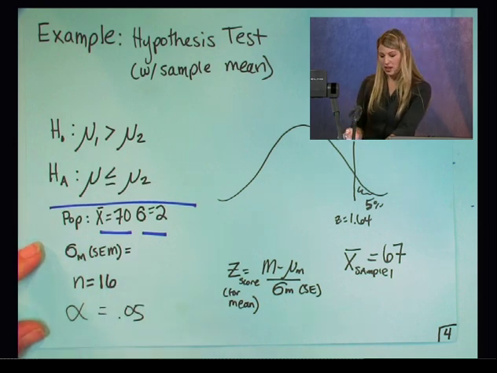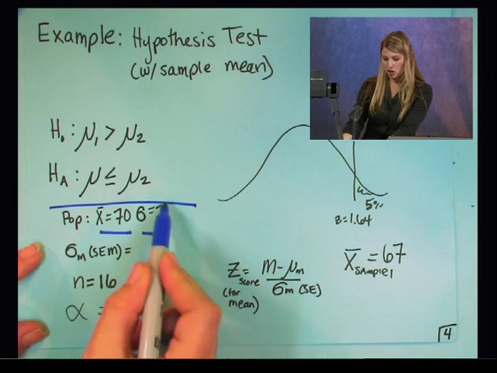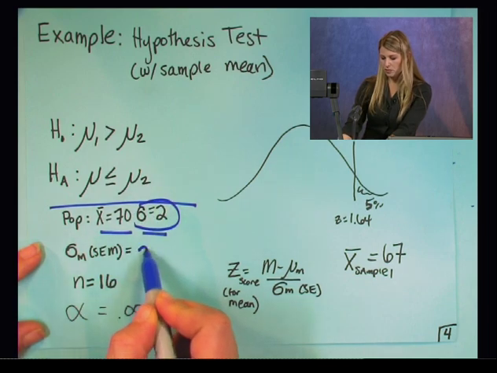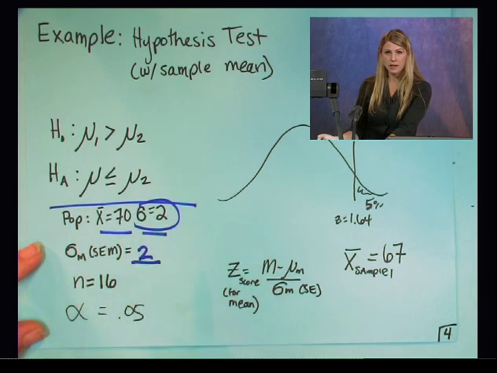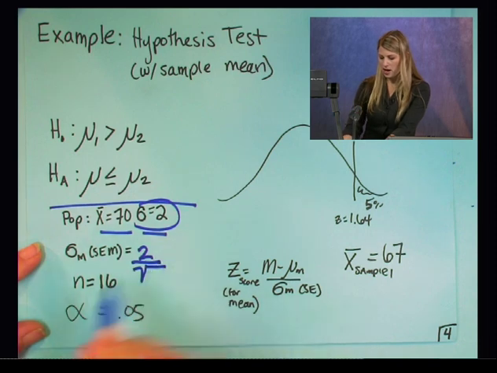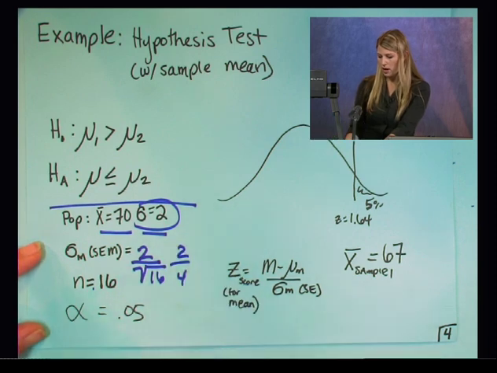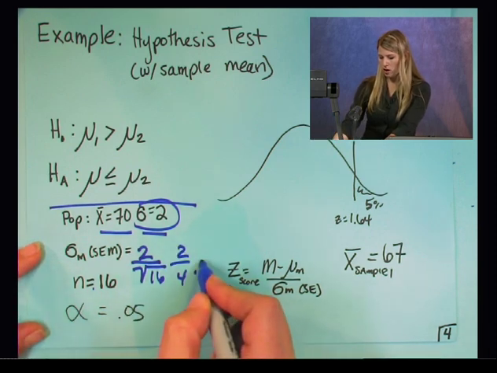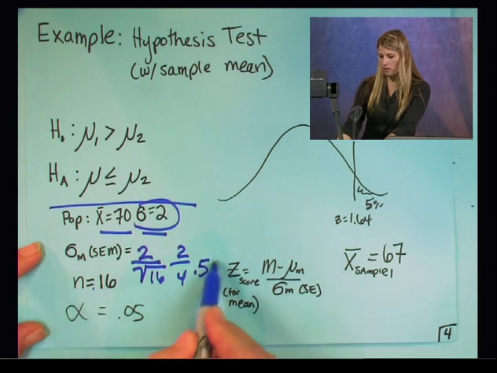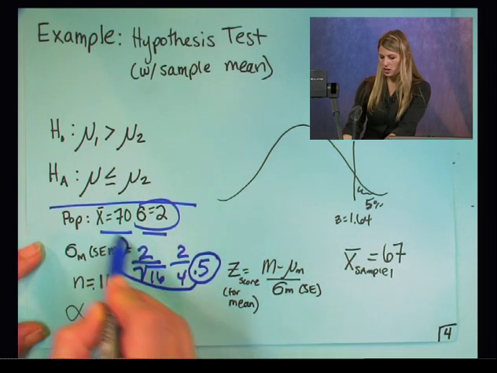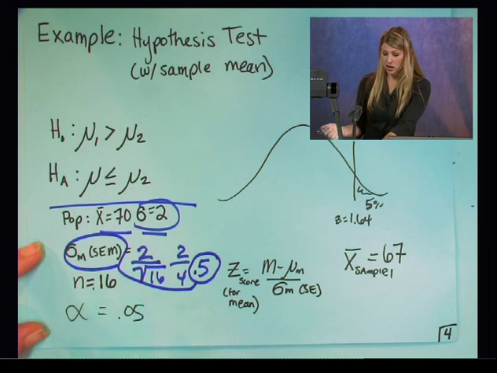You should remember it's just the standard deviation of the population, 2, divided by the square root of n. And here n is 16. The square root of 16 is 4. 2 divided by 4 is 0.5. So the standard error of the mean equals 0.5.